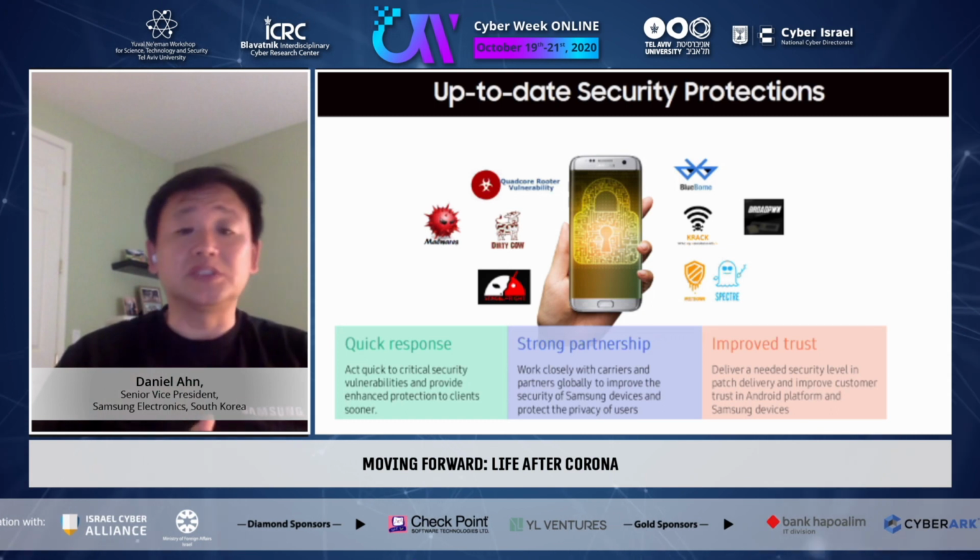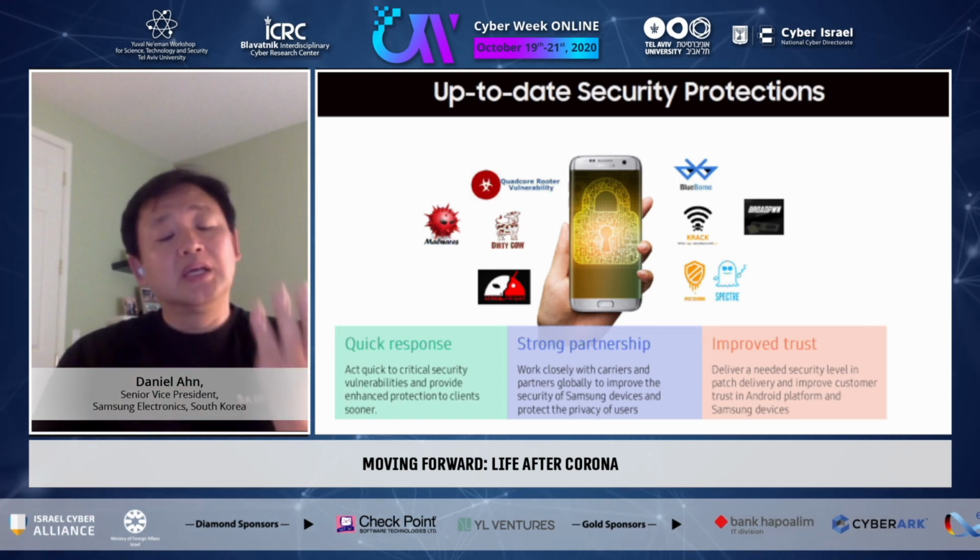So quick response is critical, and also security updates are related to some of the operating systems on the devices as well as sensors and hardware and so on. So it is critical to have strong partnership with all the stakeholders.